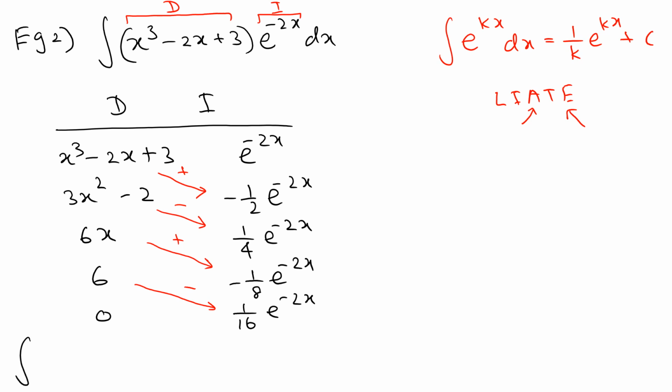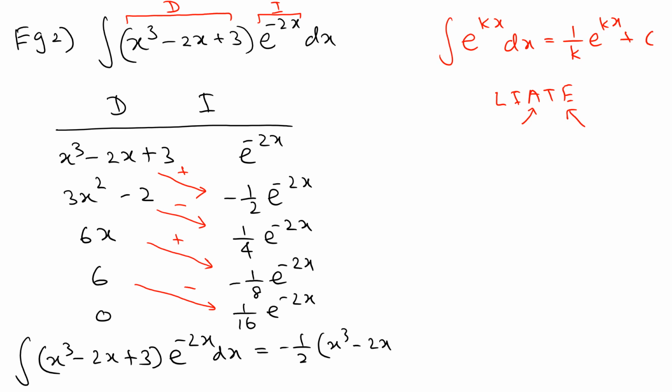So the integral of x cubed minus 2x plus 3 times e to the negative 2x dx. We can write this as the first multiplication is negative 1/2 times x cubed minus 2x plus 3 times e to the negative 2x. That's the first one.